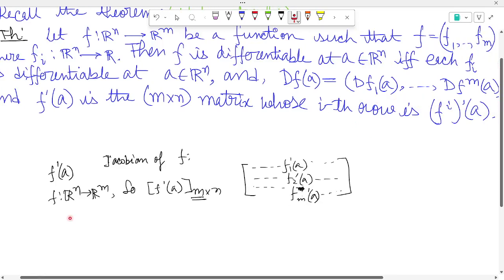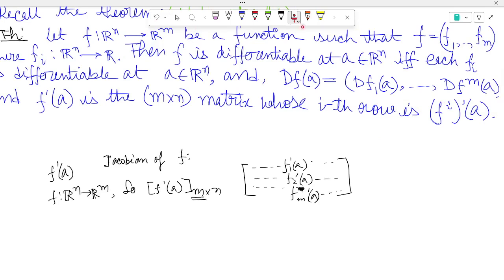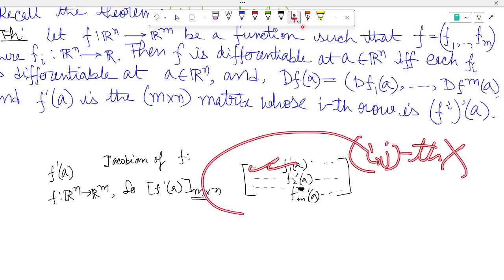From the statement, the drawback is that I only know the rows, what the ith row is, the first row, the second row, but I cannot say explicitly what the ijth entry of the matrix is, because nothing is mentioned.